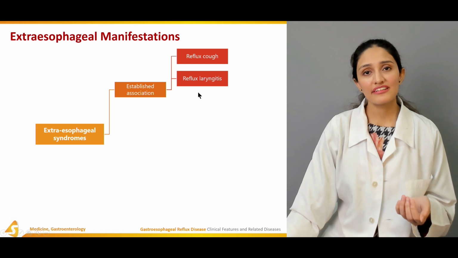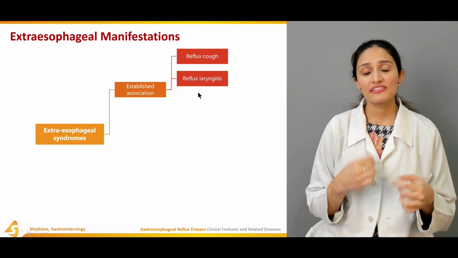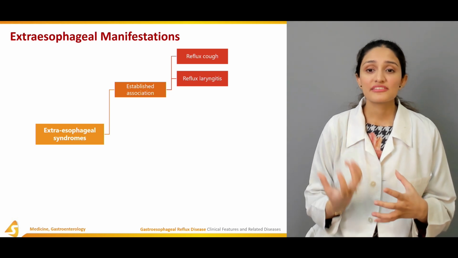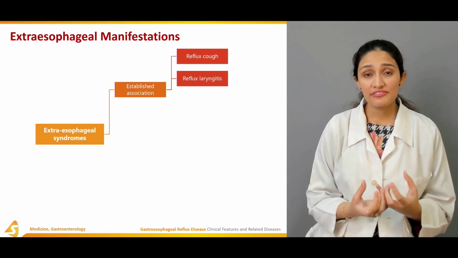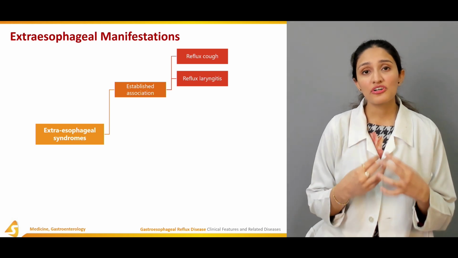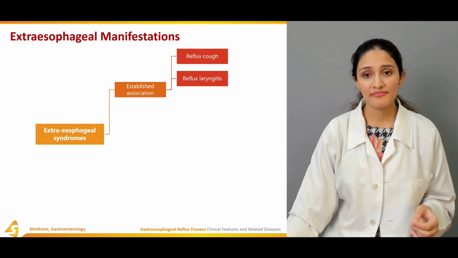And then reflux laryngitis: if we see it through an endoscopy, we could see that the larynx is inflamed, it has edema, it has erythema, and the vocal cords may also have a few ulcers.